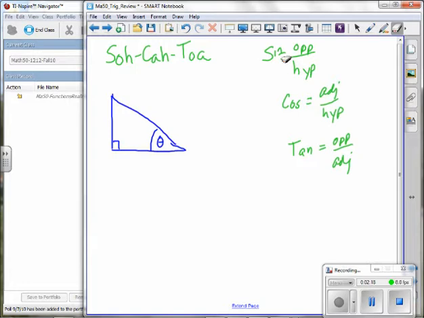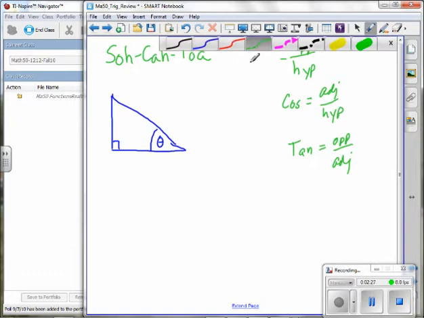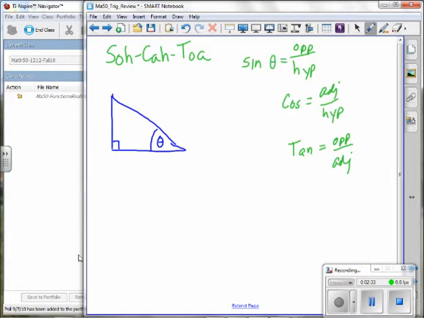Something's missing there, so I'm going to put in here sine theta, with parentheses. Why would you put parentheses around that?